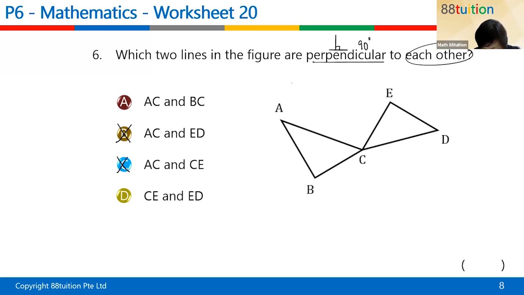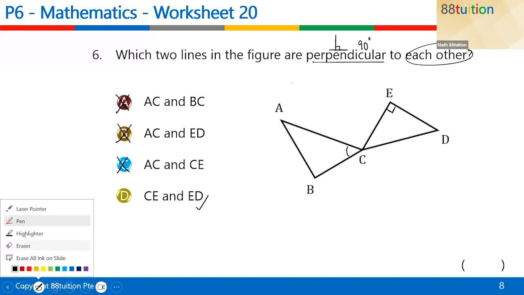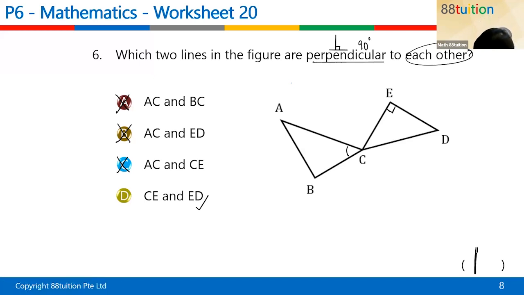We have CE and ED. Okay, CE and ED, this is 90 degree. So this one is okay. Then you have AB and AC, and BC is not, because this is like that. So this one is out. Okay, good. Thank you for your response. D, yeah. Okay, so I highlight this with the darkened line, 90 degree.